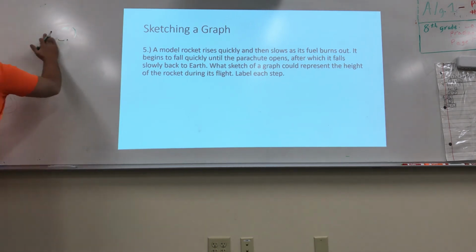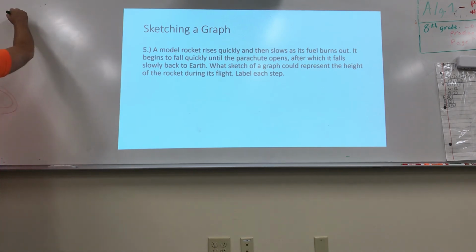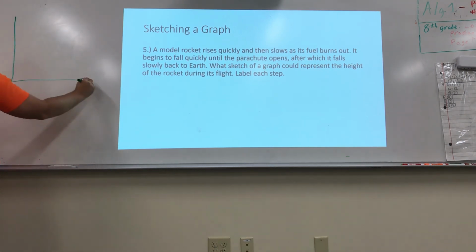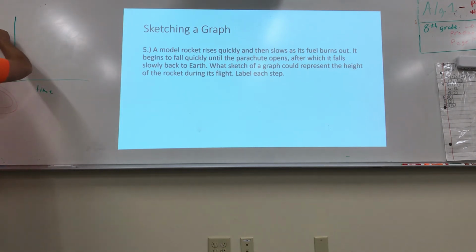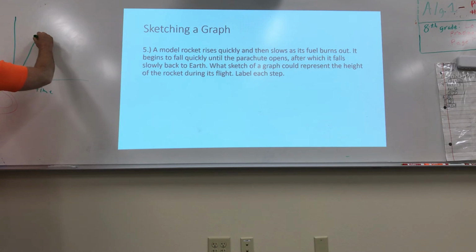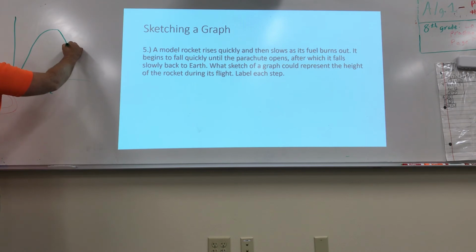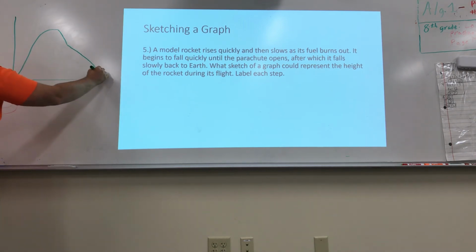Okay, so here we have this rocket, and I'm going to go time down here, and I'm going to go height here. So it's going to dramatically take off, and then it's going to start running out of fuel, and then it's going to go down quite rapidly, and then the parachute comes out, and then it looks something like this.